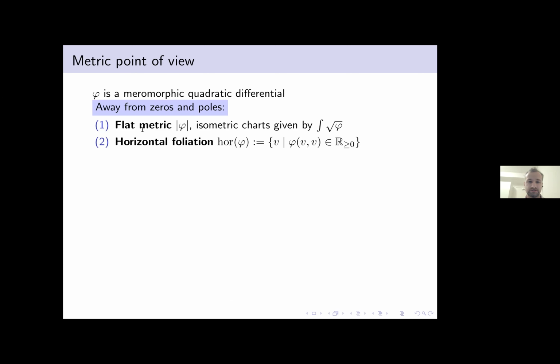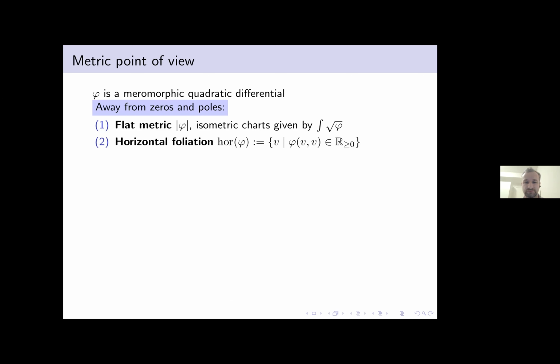Also, this is not that much information, but you also have a foliation that comes from the quadratic differential, where you look at the vectors on which it is real and non-negative. It's a section of a square, so it's like a quadratic form.